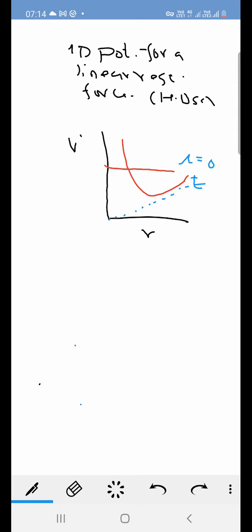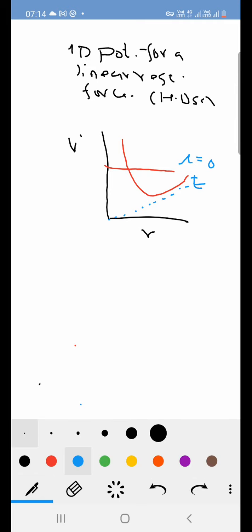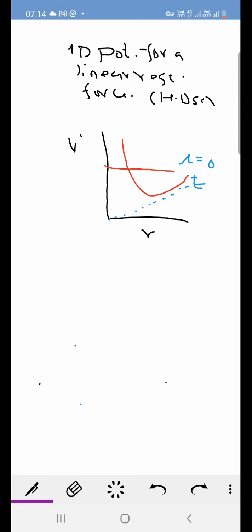So for the inverse square law, there is a virial theorem.